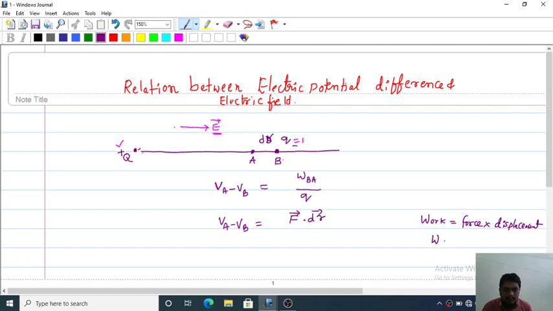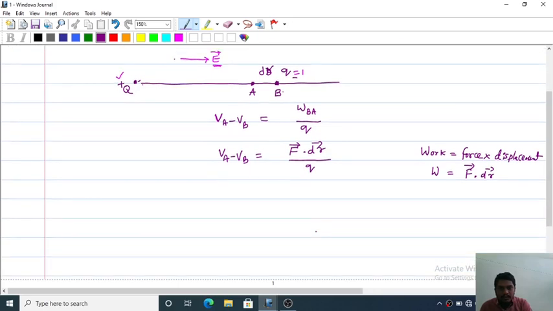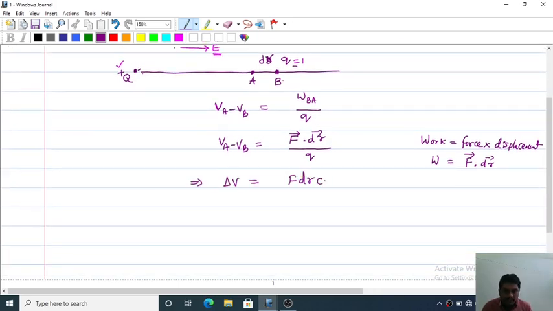So W is equal to F bar dot dr bar in vector notation. This is the work done. Per unit charge, it gives us the potential difference between those 2 points, and it can be written as F dr cos theta by Q.